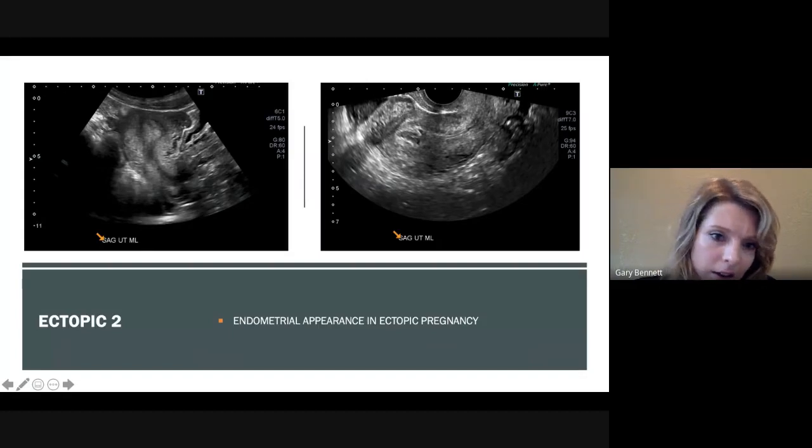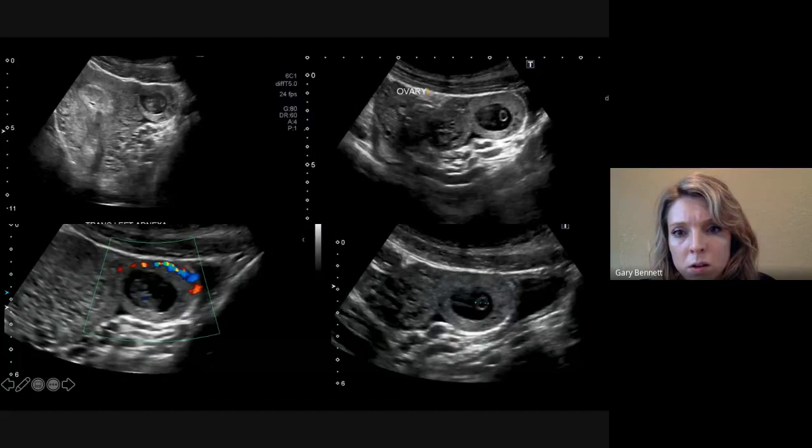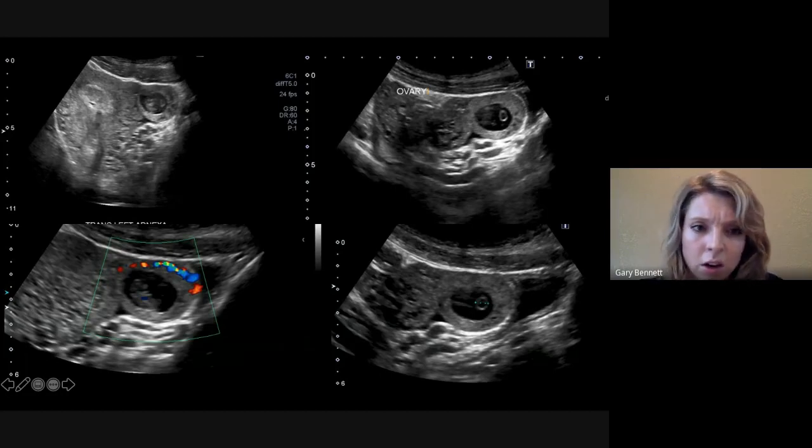Here's all that nice free fluid back here, which we are also able to see up here. Free fluid all over the place. Right out here. Here's a bunch of vessels down here. So in addition to having your iliac artery and vein, especially in a multigravida patient, you may also have some pelvic congestion.